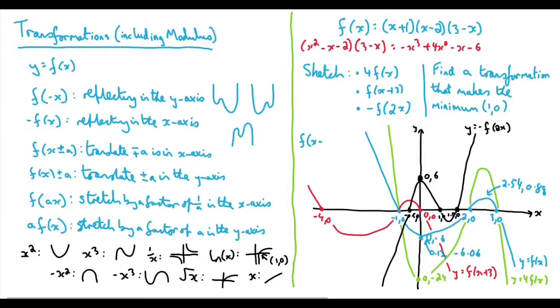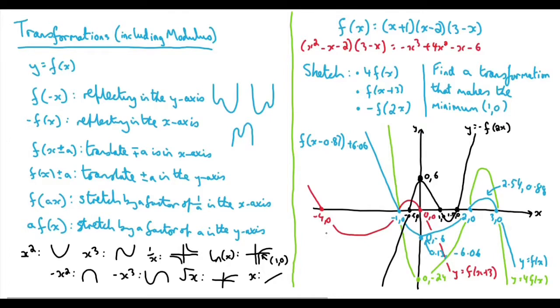So we want to put a minus in the bracket with the x, and what do we need to move it right by to make it equal to 1? Well, that's going to be 0.87. But then afterwards, to then move it up, we'll just then need to add 6.06 to bring that then up to the 0. Okay? That would be one way of making this minimum point here into (1, 0).